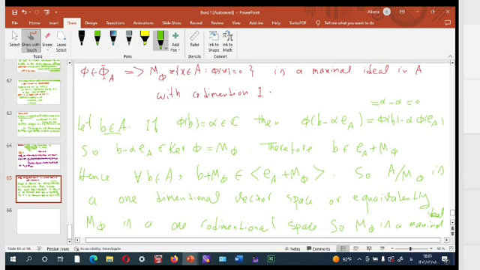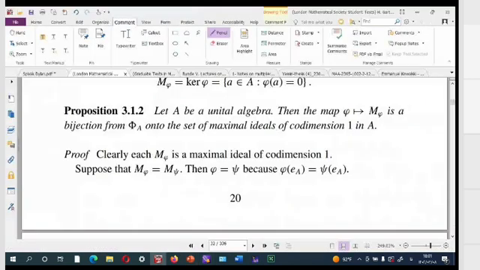It is very trivial that M is a maximal ideal if and only if it is a codimension 1 space. This holds for any ideal. So we have that for any φ in Φ(A), M_φ is a maximal ideal with codimension 1.